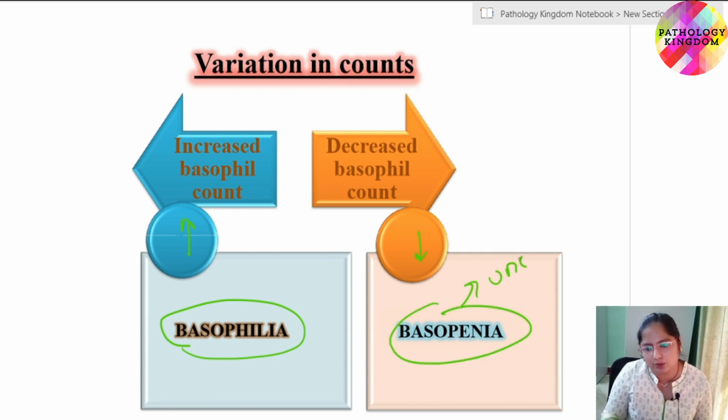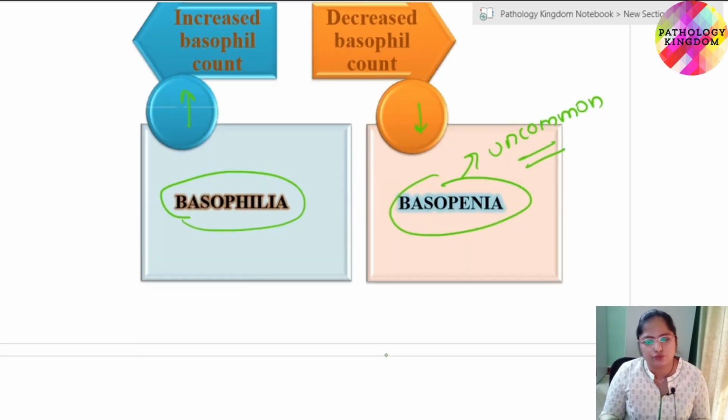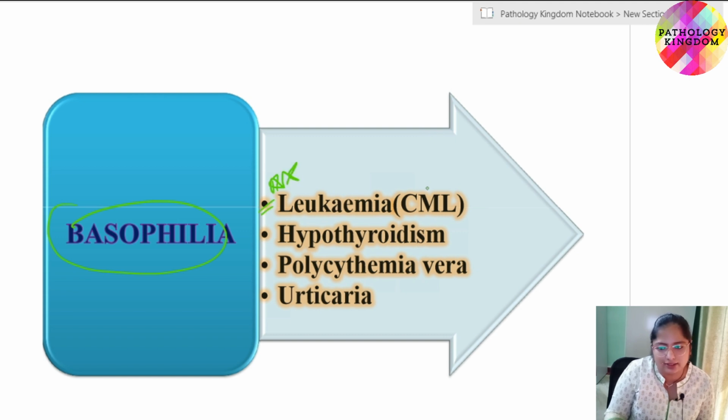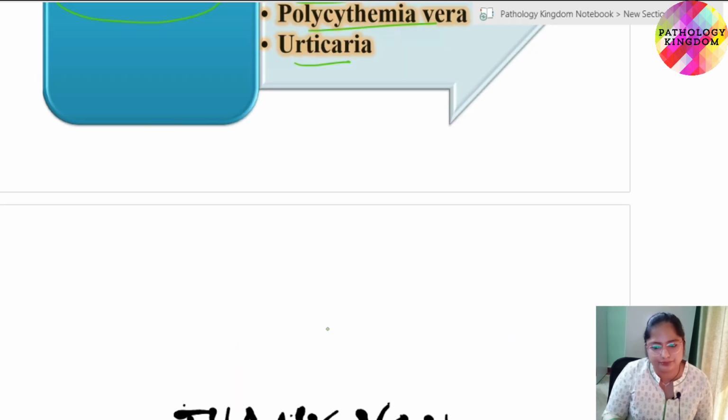It is uncommon. So what are the conditions associated with basophilia? The important condition is leukemia, that is CML, chronic myeloid leukemia. There is basophilia. Then other conditions are hypothyroidism, polycythemia vera and urticaria.